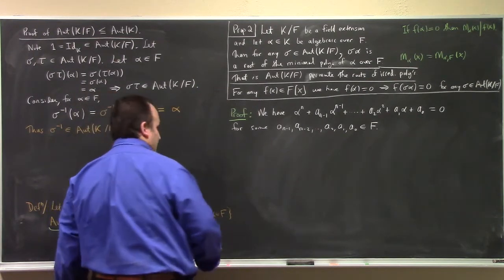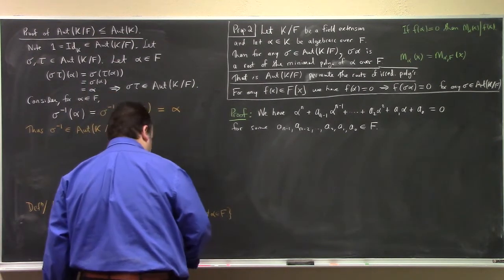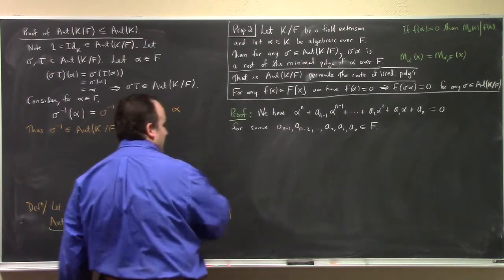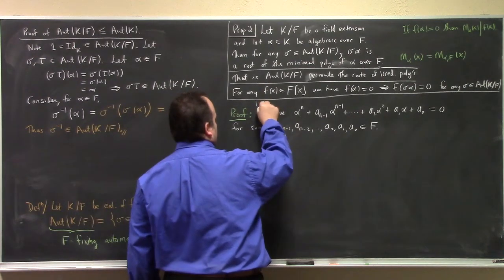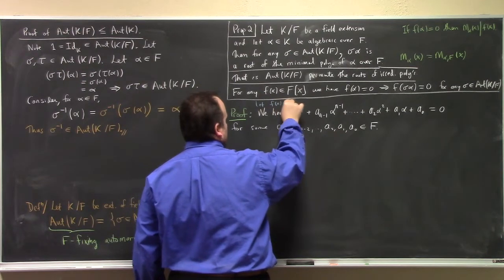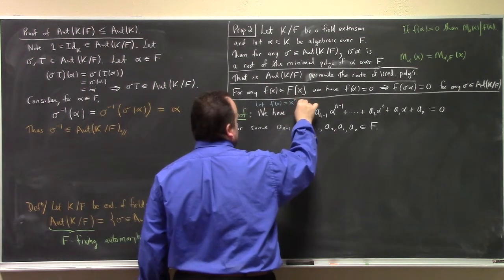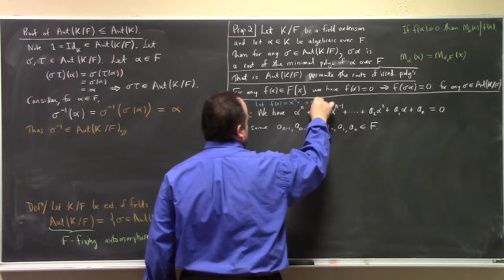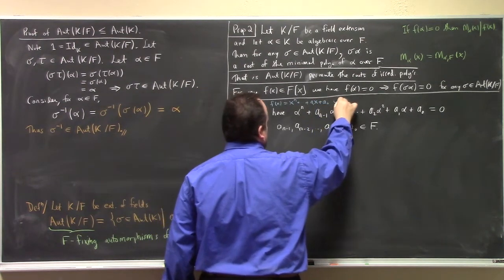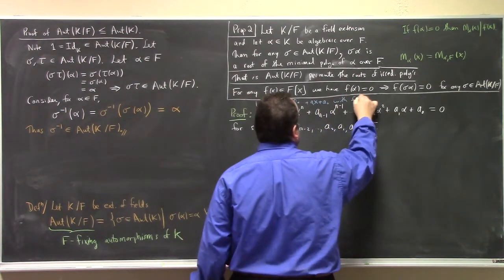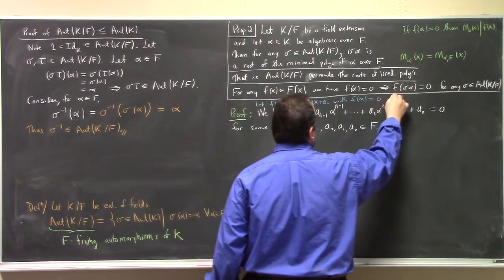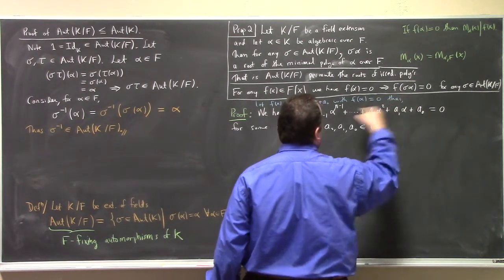If you'll forgive me for squeezing something in here, we're letting f of x equal x to the n plus ... plus a1 x plus a0 with f of alpha equals 0.